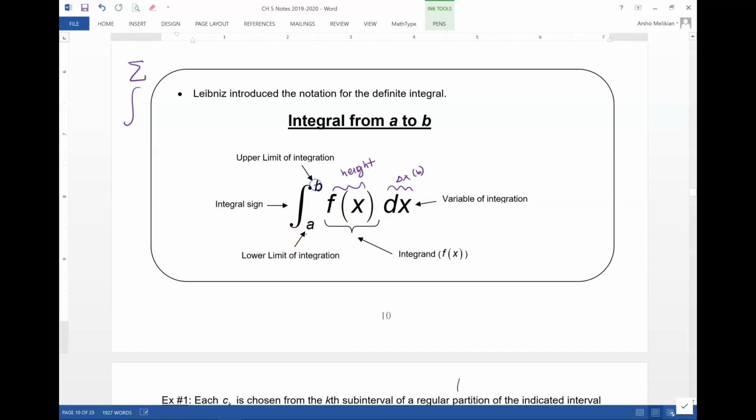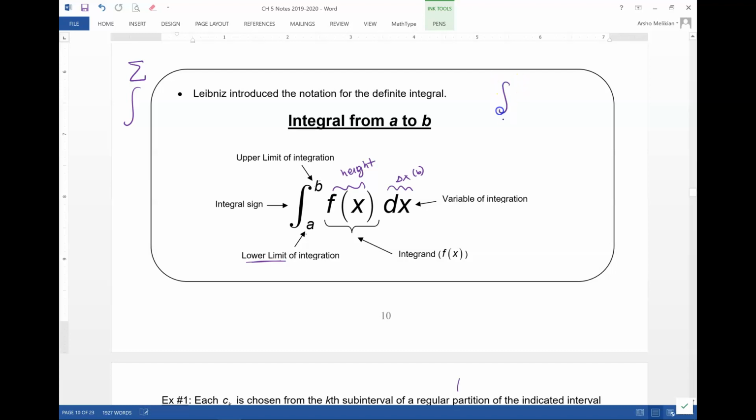From a to b. a to b are called the limits of integration. a is the lower limit of integration, b is the upper limit of integration. The function f of x that goes in there is called the integrand, just like the stuff underneath the radical is called the radicand.